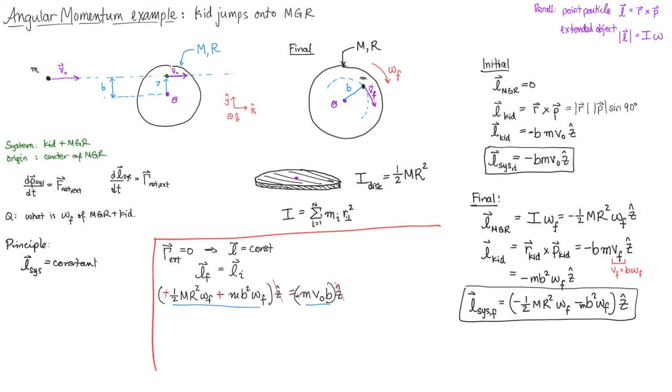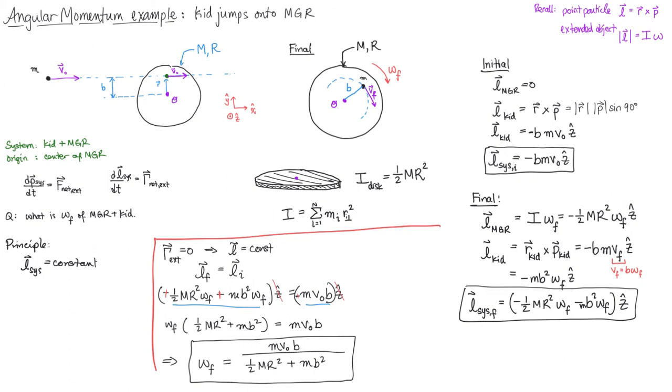We have on the left side omega f times 1/2 MR squared plus lowercase mb squared is equal to m v naught b, which tells us that the final angular speed for this merry-go-round plus kid is equal to m v naught b, the magnitude of the initial angular momentum, divided by 1/2 MR squared plus mb squared. And there you have it.